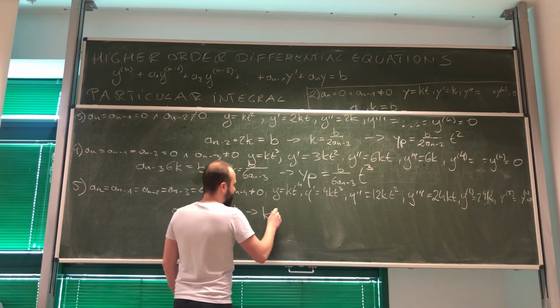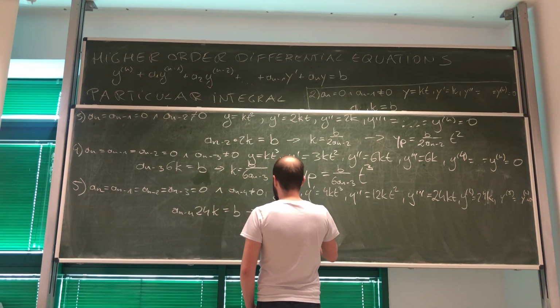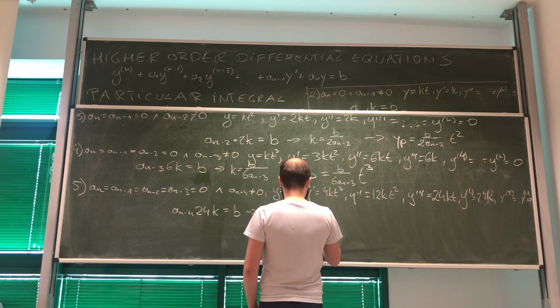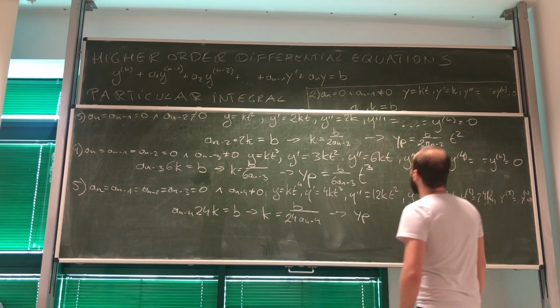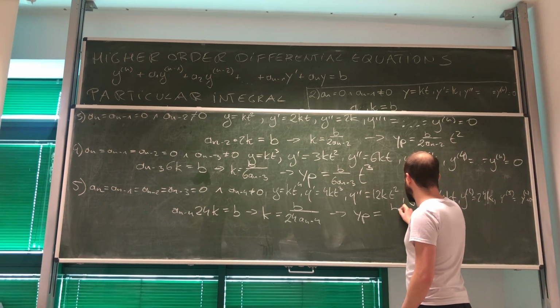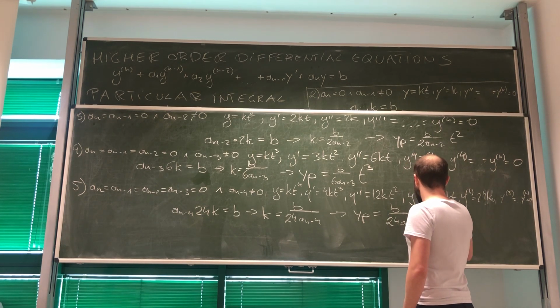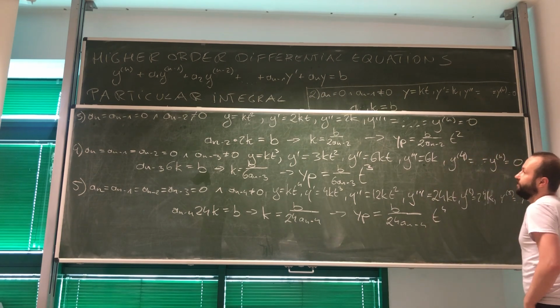Out of this we get that k is equal to b over 24 a_{n-4}, which means that the particular integral is equal to b over 24 a_{n-4} t to the power of 4.